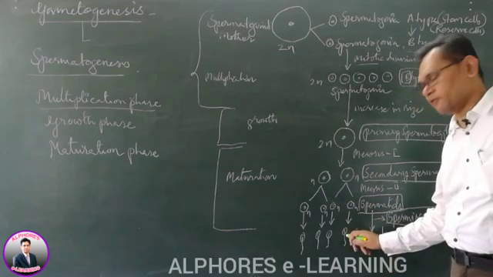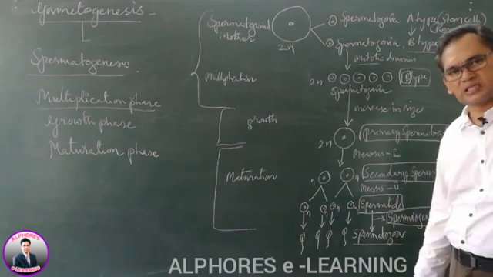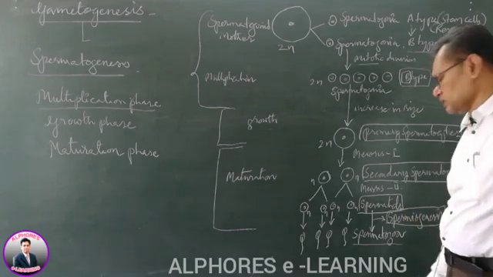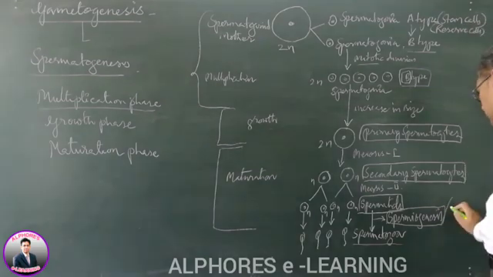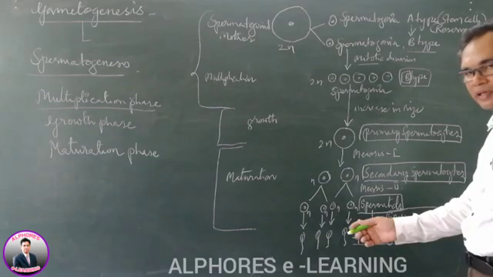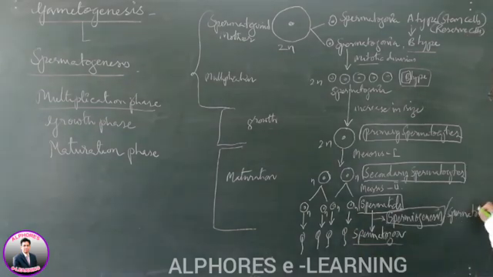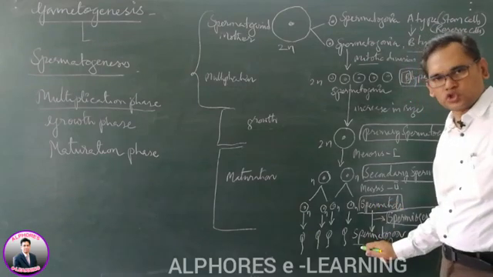This morphological change is called spermiogenesis, otherwise also called spermatoleiosis. Now the spermatids change into spermatozoa.